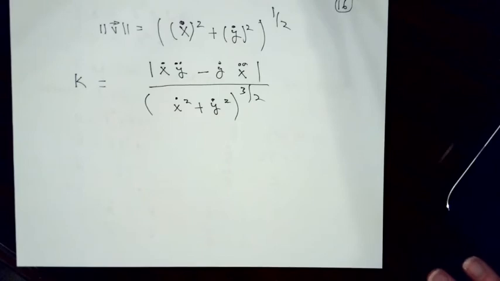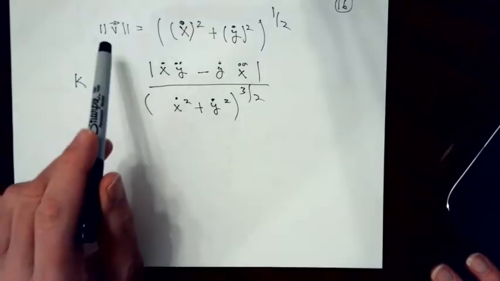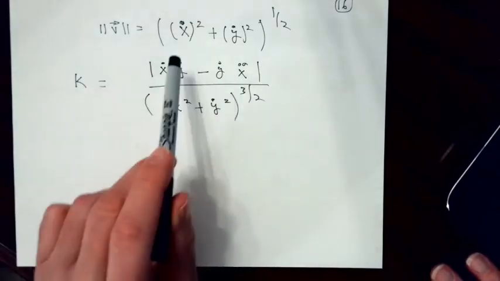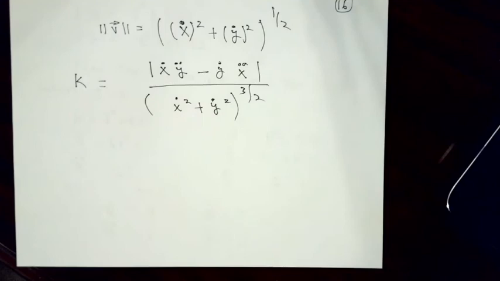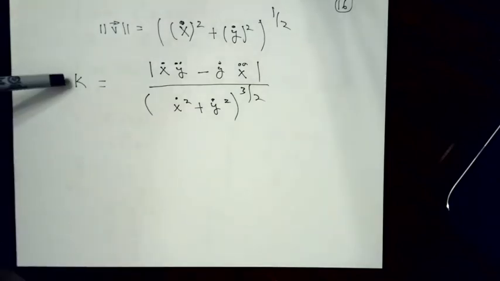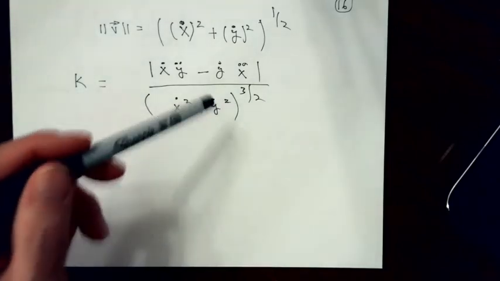Calculating the velocity as before, and then taking its magnitude to get the speed, we found out that the speed is the 1/2 power of x dot squared plus y dot squared. So I have to have the cube of the speed in the denominator. As a result, the curvature is given by this formula.